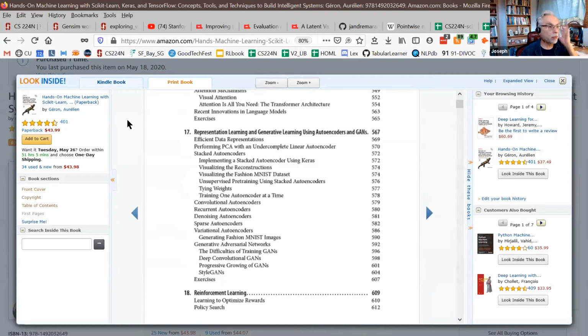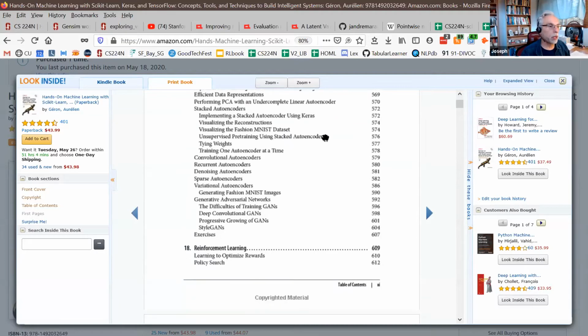And then this is something new that we haven't done in the FastAI classes, generative autoencoders and GANs. I think they touched on autoencoders in part 2 of the course, but GANs, these generative adversarial networks, is a new topic.